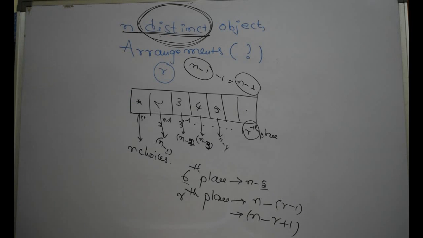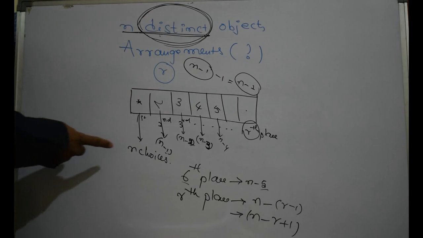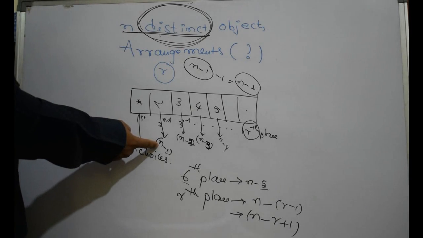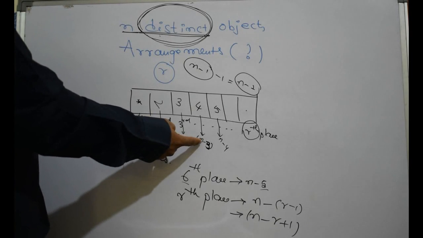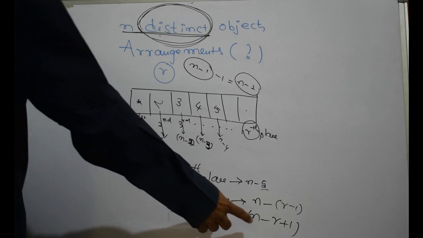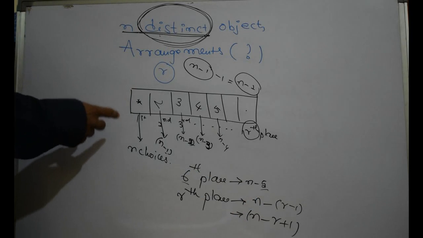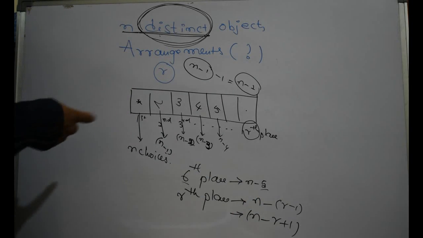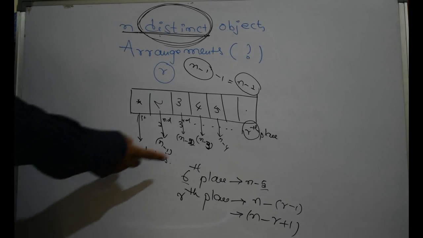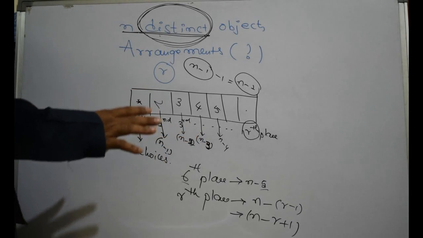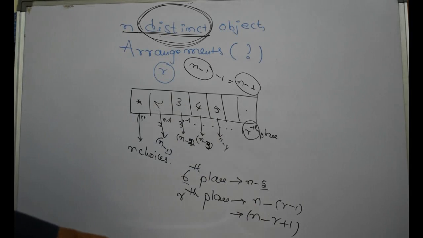According to the fundamental principle of multiplication, we multiply them. So the number of choices: n into n minus 1 into n minus 2 into n minus 3, up to the rth place, the last one being n minus r plus 1. So the total number of ways of arranging r objects is n into n minus 1 into n minus 2 into n minus 3, and so on up to n minus r plus 1.